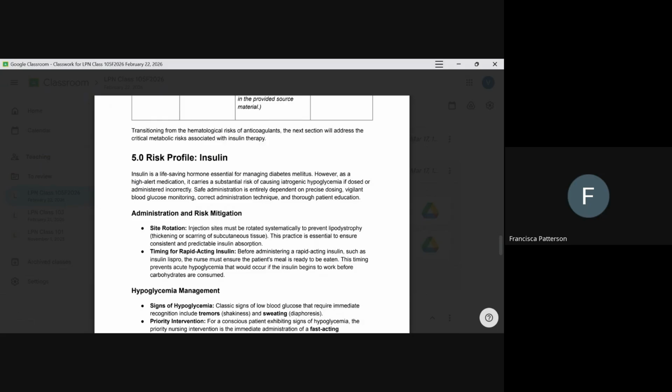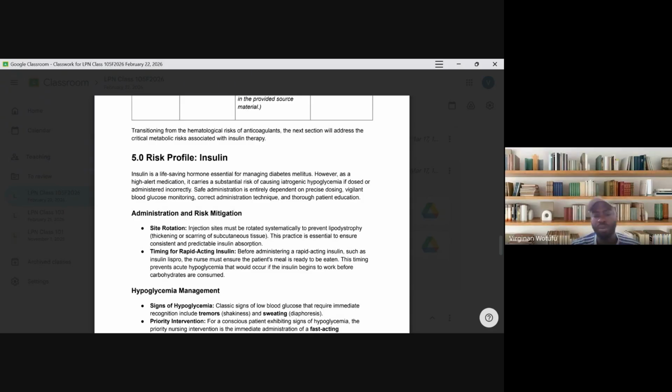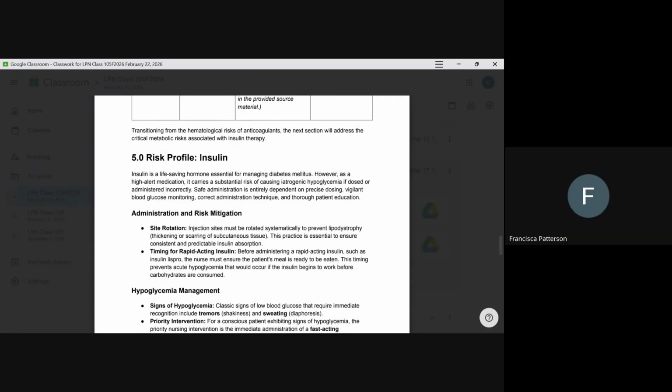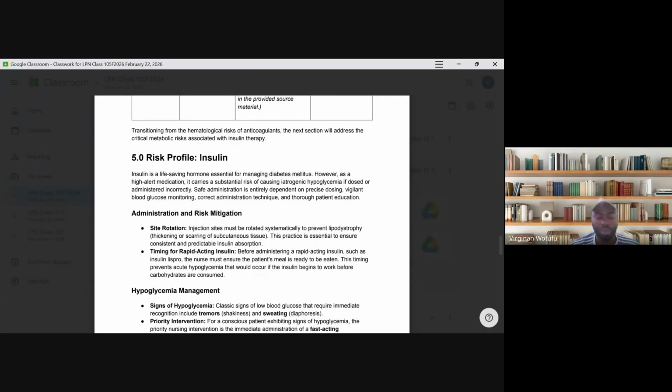I think if the patient is conscious, you have to give a fast-acting snack like maybe some fruit juice or ice cream. But if the patient is unconscious, maybe you can inject glucagon or give 50% dextrose. Good. Yes, if the patient is unconscious, dextrose or glucagon. And if the patient is conscious, fast-acting, rapidly metabolizable sugar.